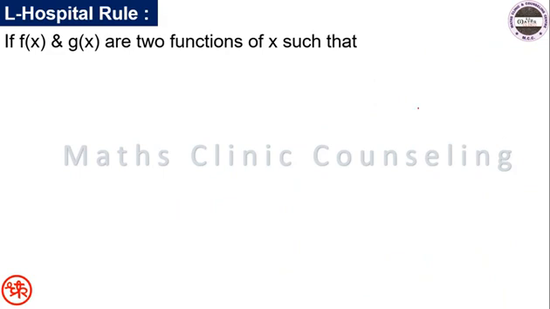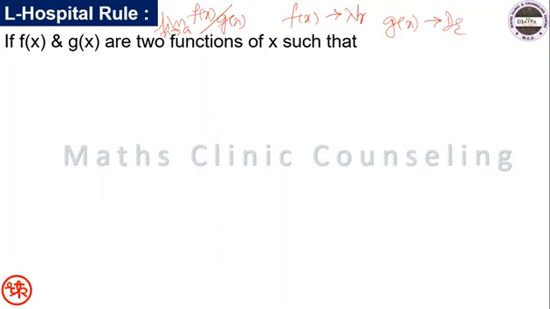we know the limit of f of x upon limit of g of x as x tends to a, where f of x is the numerator and g of x is the denominator. For applying the L'Hospital rule there are some conditions.